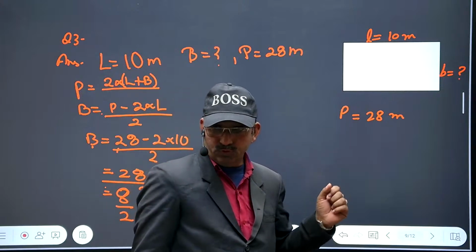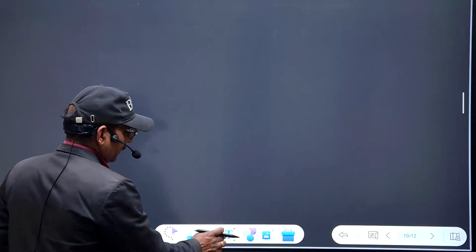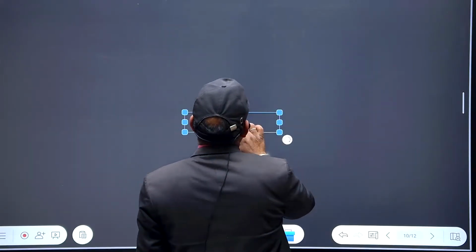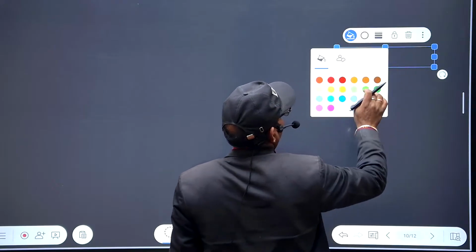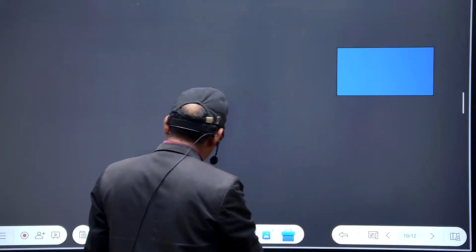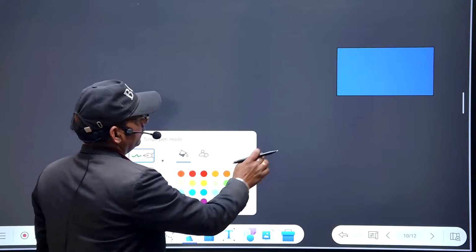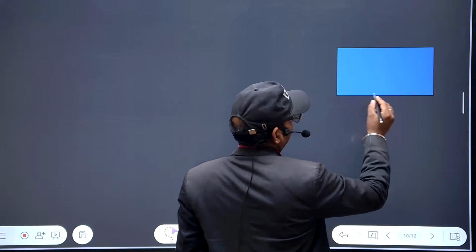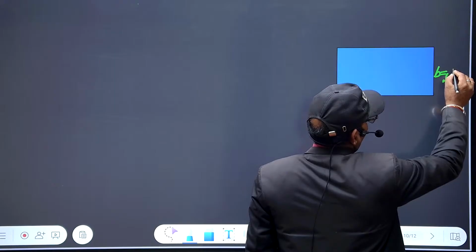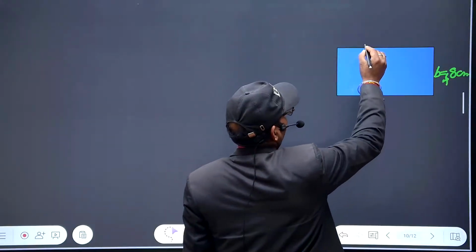Okay. Now I will change the question. Here breadth is given 8 centimeter, and you don't know the length.